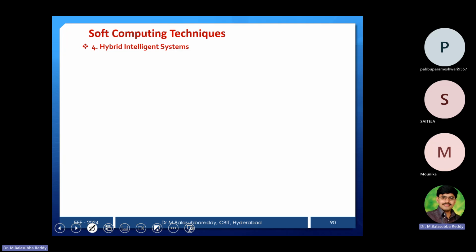To understand hybridization in power electronics, the IGBT is a hybrid device. To fabricate the IGBT, you make use of MOSFET and BJT, because BJT has some drawbacks, and MOSFET also has some drawbacks.